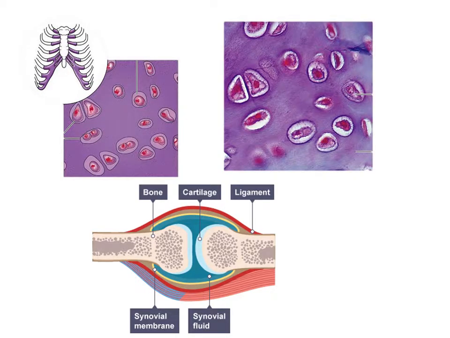This slide shows another image of the hyaline cartilage. I have two bones here. Let's say this is the humerus and how it attaches to the ulna. The ulna and the humerus are separated by fluid called the synovial fluid. The end of the bone has the hyaline cartilage.